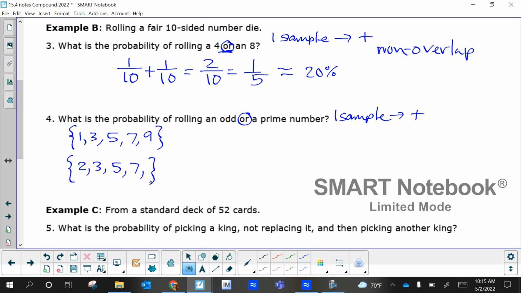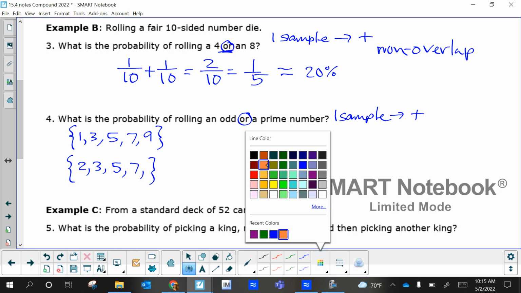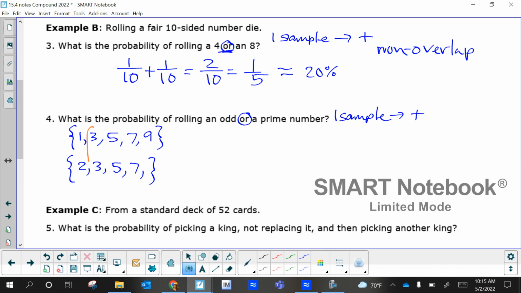So there's our primes and there's our odds. Do we have any in common? Yes, we do. We have the 3, we have the 5, and we have the 7. So this is definitely an overlap.